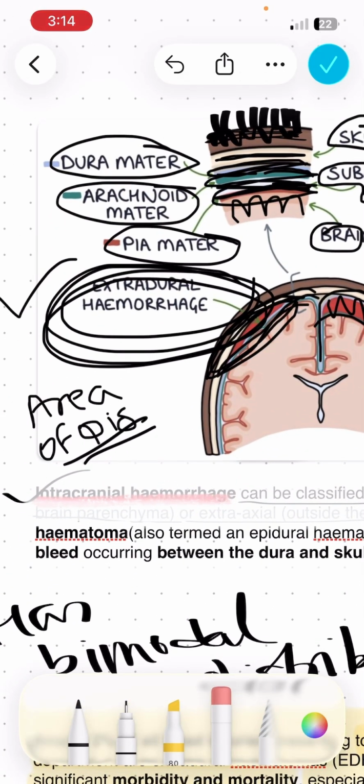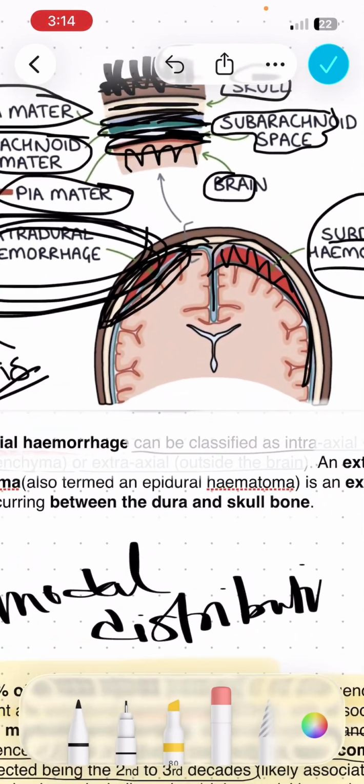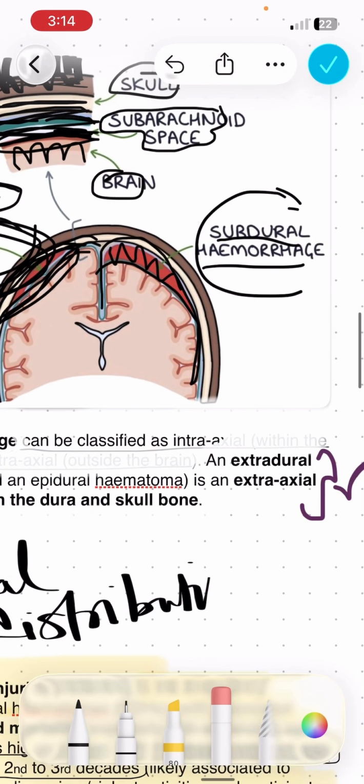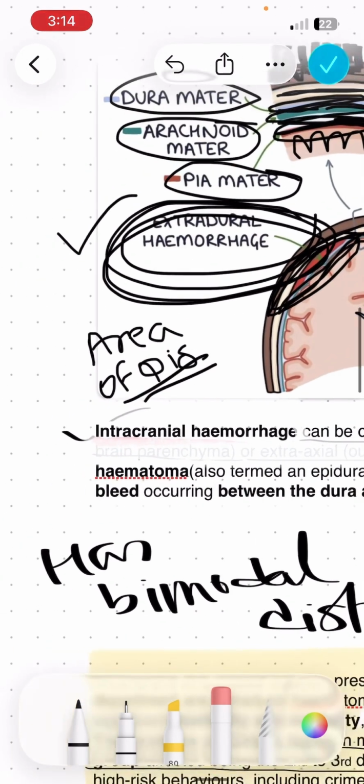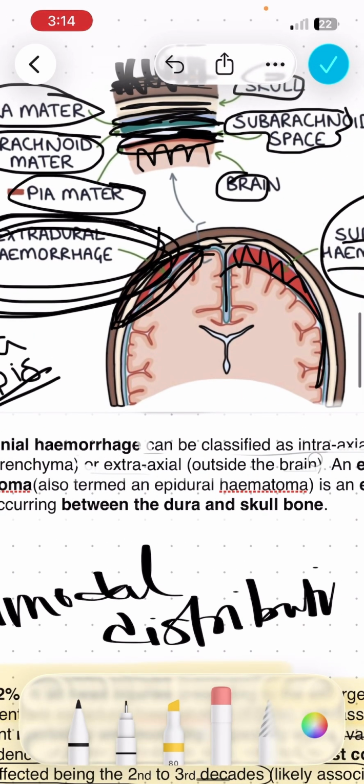There is a term called intracranial hemorrhage, referring to injuries both outside the brain and inside the brain. So what is intracranial hemorrhage? That can be classified as intra-axial, that is within the brain parenchyma, or extra-axial, that is outside the brain.